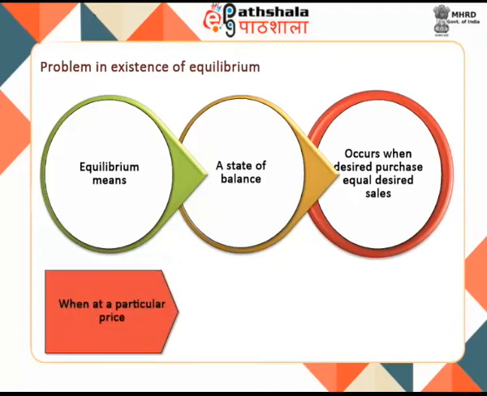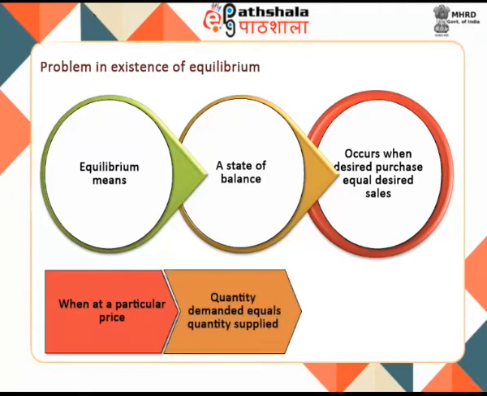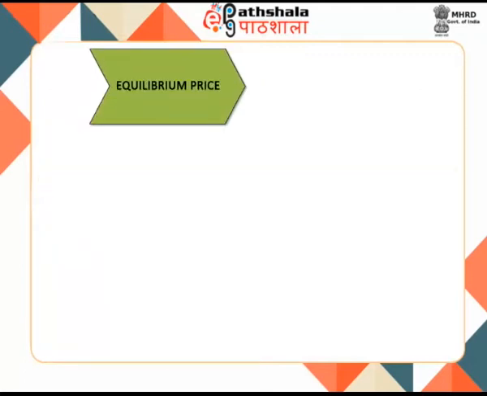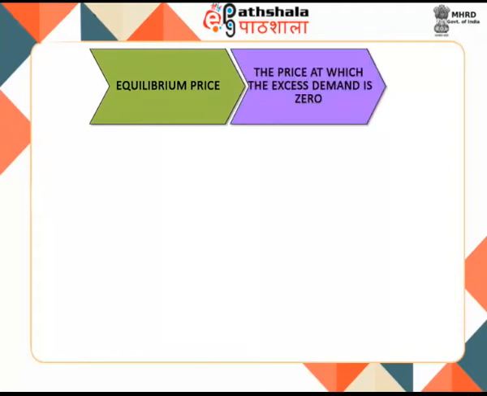When at a particular price quantity demanded equals quantity supplied, we say the market is in equilibrium. At such an equilibrium price, there is neither excess demand nor excess supply. An equilibrium price can be defined as the price at which the excess demand is zero.